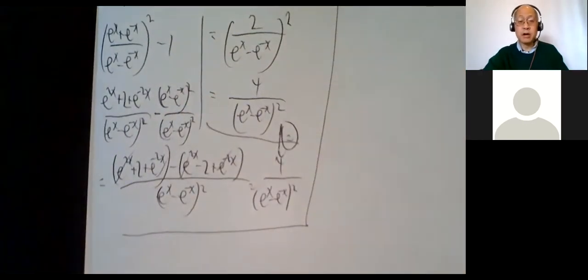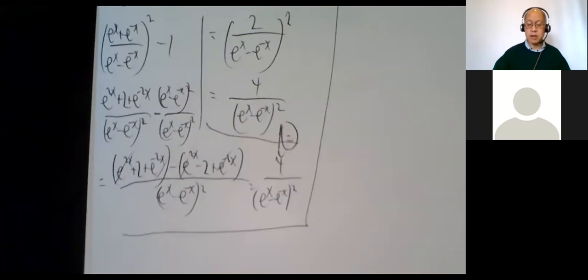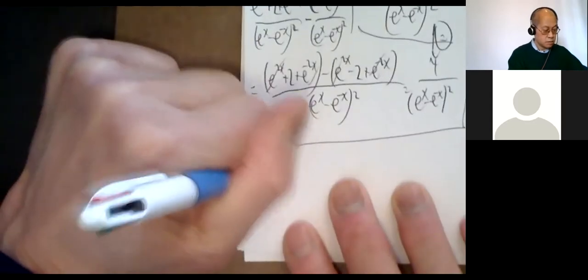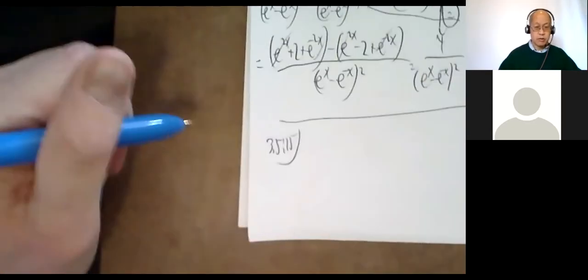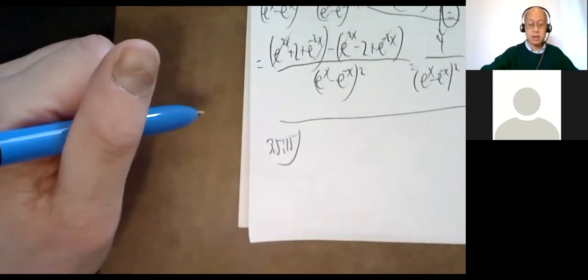Okay, so I think I've caught up. I'm almost sure I can't do all of them, so I'll have to pick and choose what I want to do in the remaining precious few moments that we have. 3.5.15.